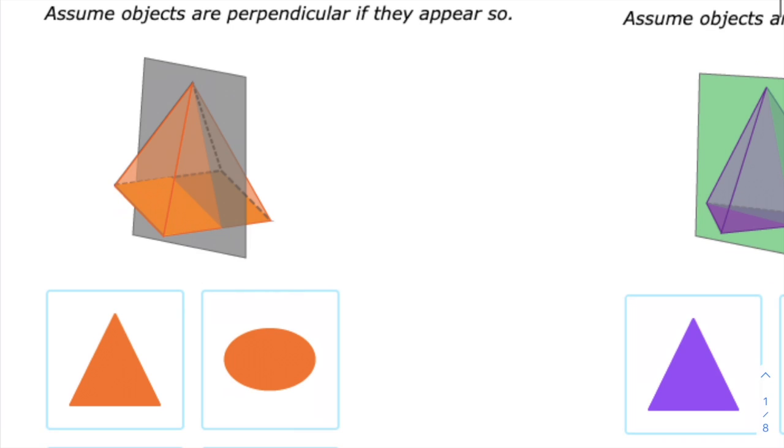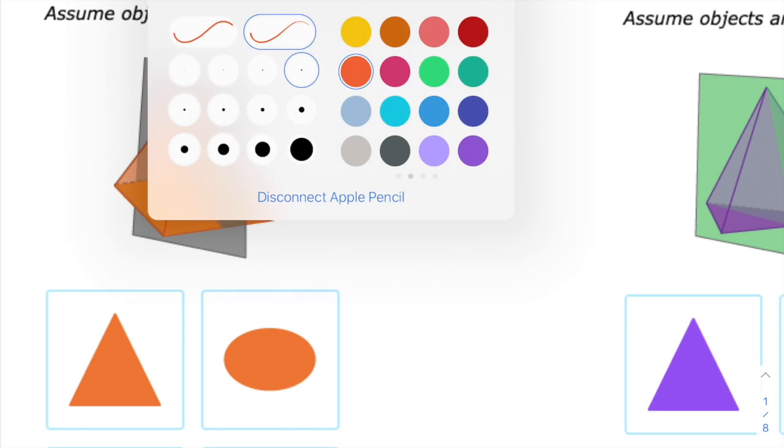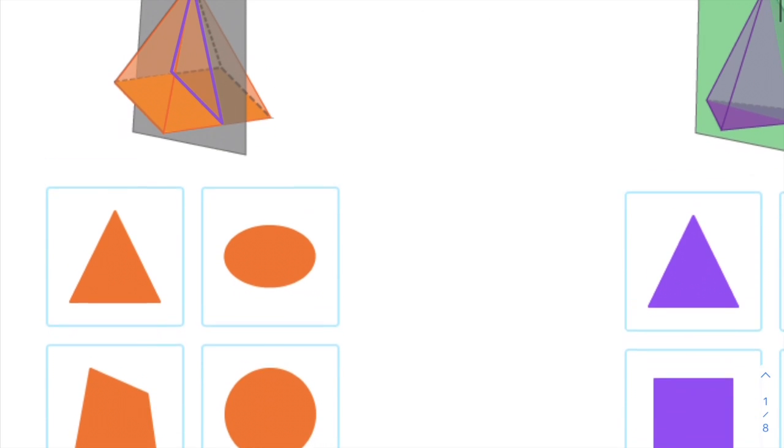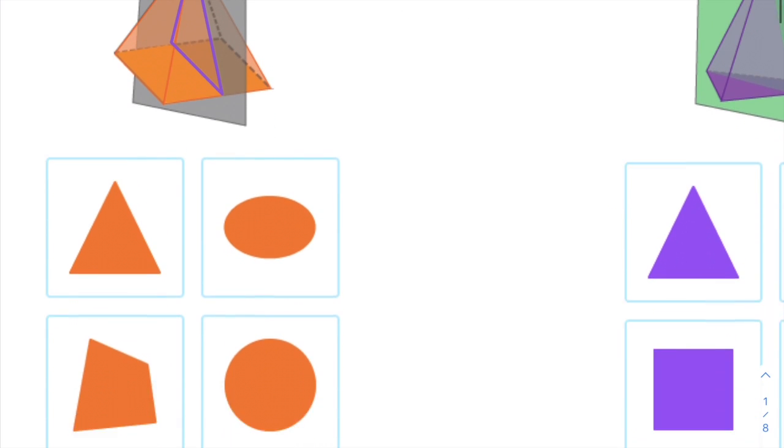So take a look. I'm putting this slice right through, and it appears that's going through the middle here. So when I cut through the middle, looks like this is the figure that is left over, and it ends up being a triangular figure.